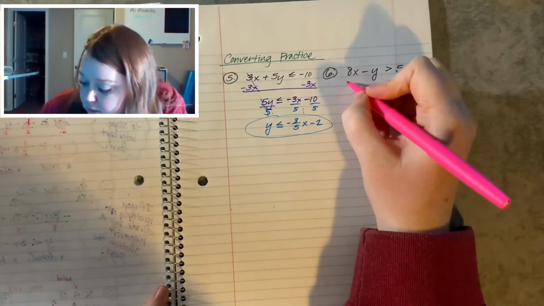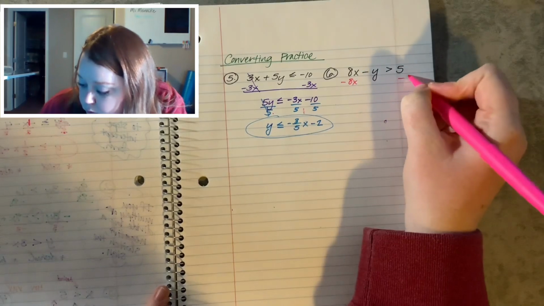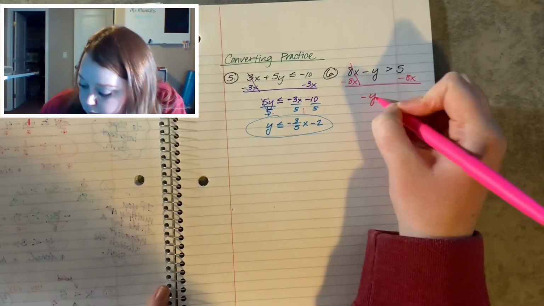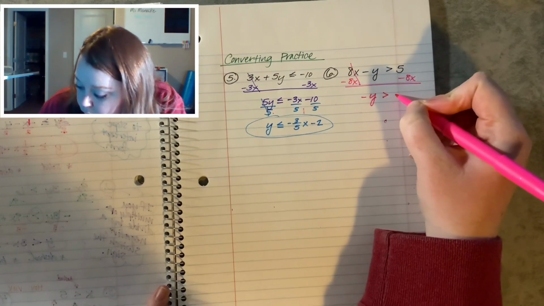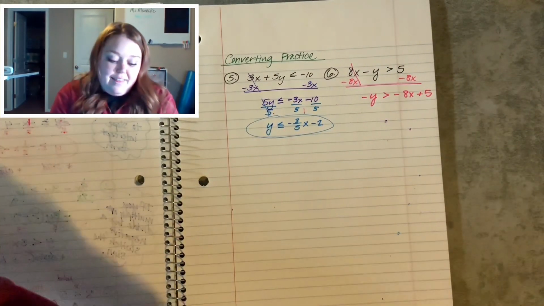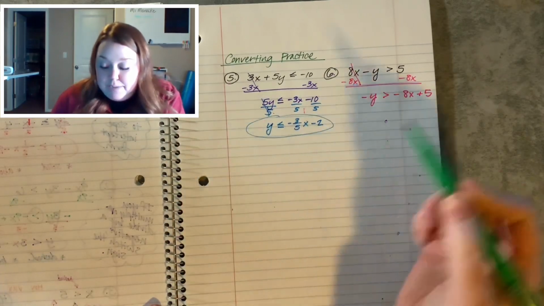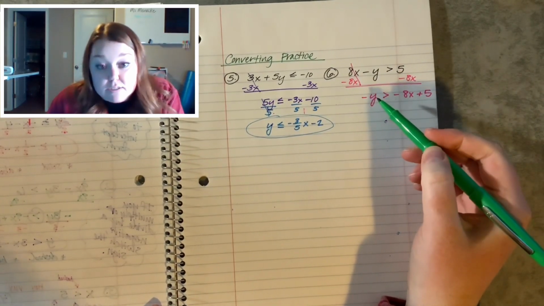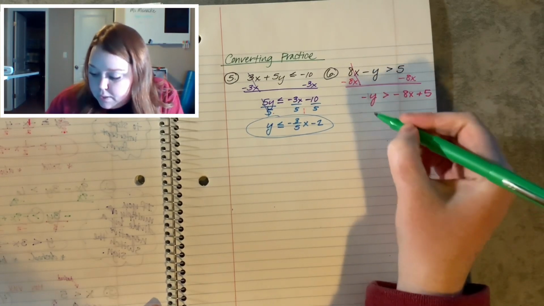Okay, so the routine is the same. We get rid of our x term, so I subtract 8x on both sides. That leaves me with negative y is greater than negative 8x plus 5. And then it looks like I'm almost done, but I'm not. I don't want a negative y variable. I want positive y. So we remember that there's a 1 there.